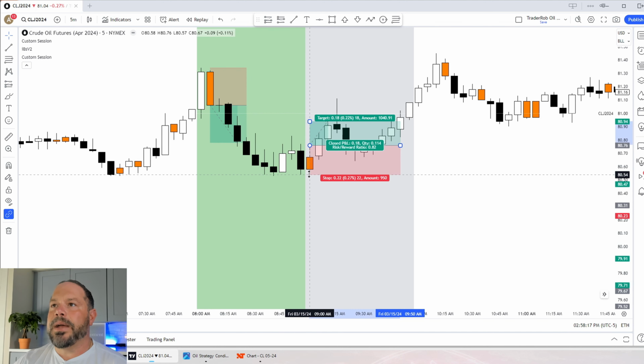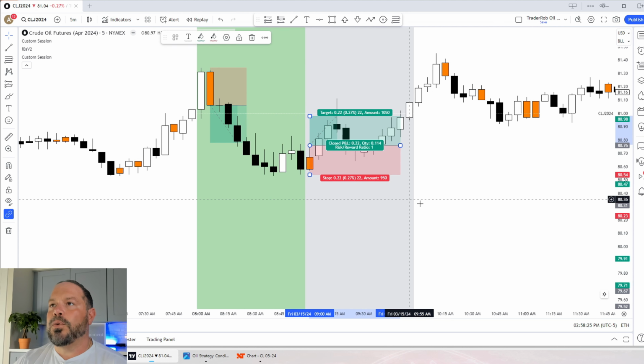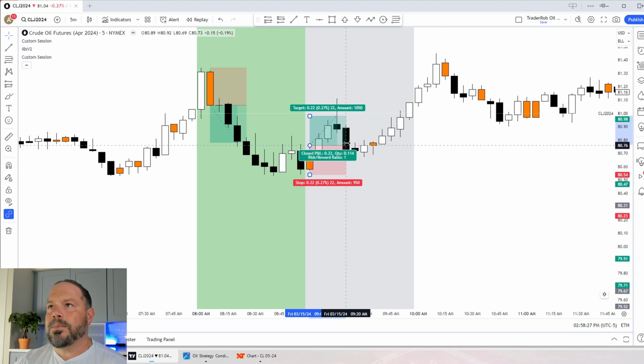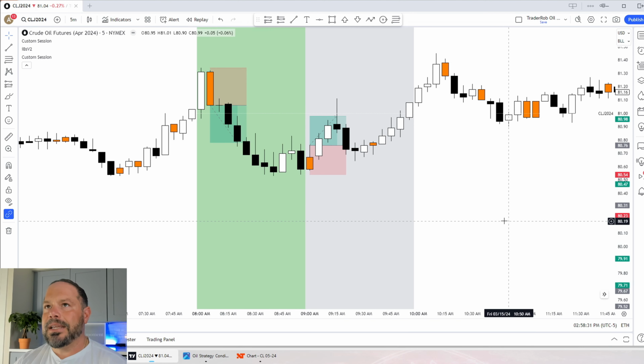Well, if I move my stop loss to the bottom of this source bar right here, it's 22 ticks. What is my target? 22 ticks. Your trade is profitable and you're out of this trade. It's a very, very simple system.